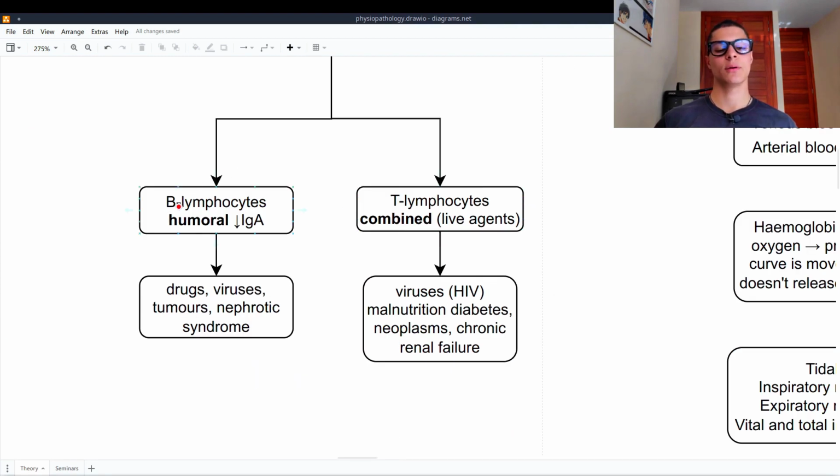Humoral is involved with B lymphocytes, low immunoglobulin A, which has to do with drugs, viruses, tumors, nephrotic syndrome. And then on the other hand, we have the T lymphocytes combined, so it is both B and T, and it has to do with viruses, the HIV, malnutrition, diabetes, neoplasms, and chronic renal failure.